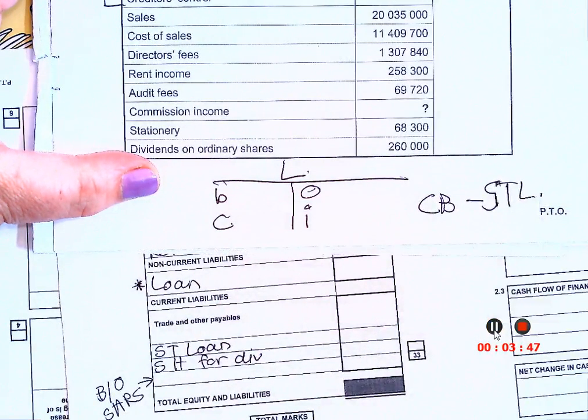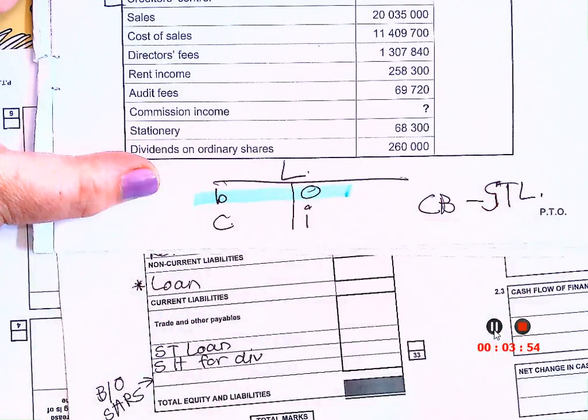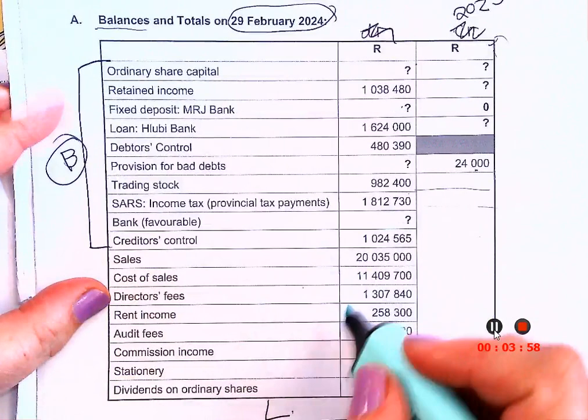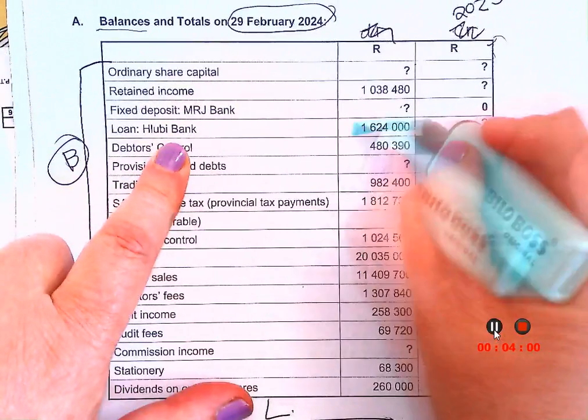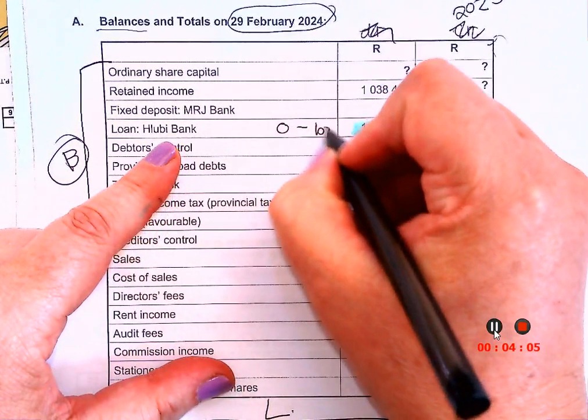You see? But usually in the trial balance, you take the opening less whatever we paid back is that amount that they give for the loan. So I know this is usually the opening less the bank.